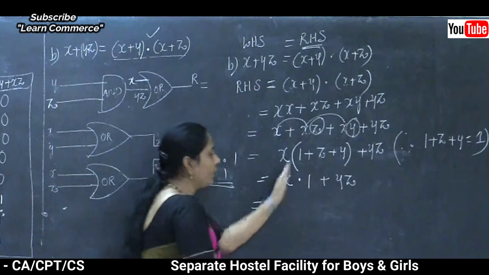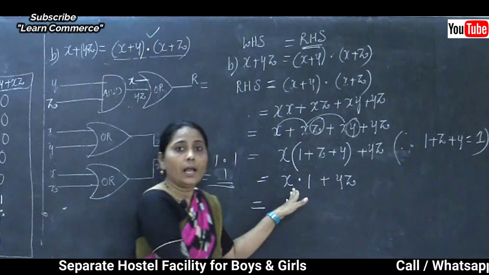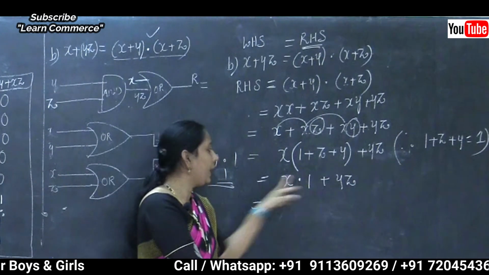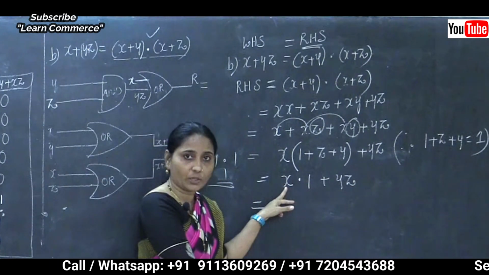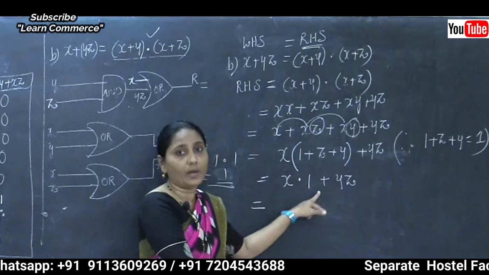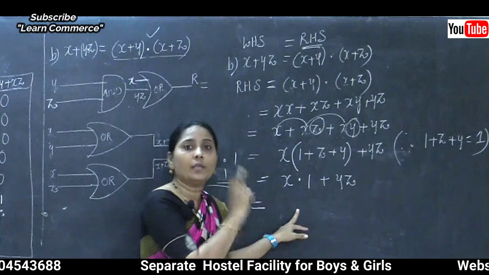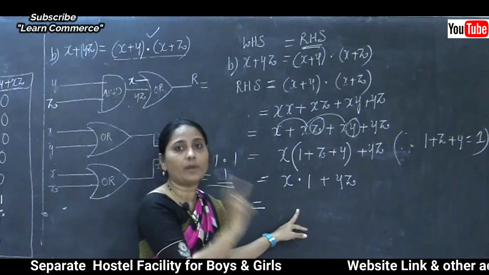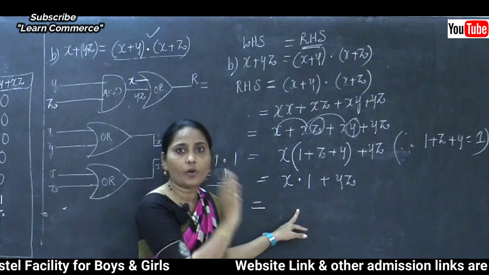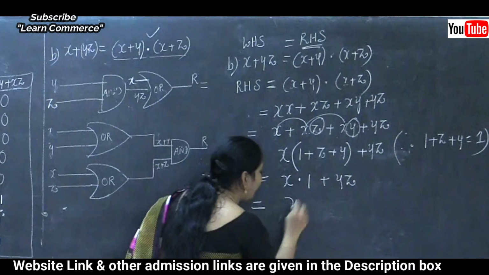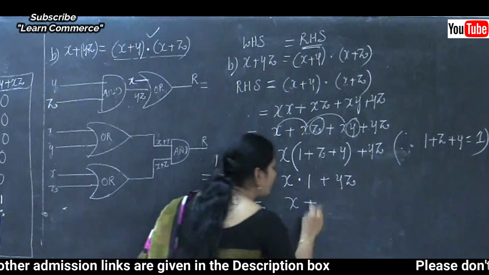Now in the next column, how did we get the answer? X and 1 plus yz. If you are going to multiply, taking the x value equal to 0, 0 and 1, the value is 0 only. If the x value is equal to 1, the 1 and 1, the value is 1 only. So whichever value we use for x, we get the same result here. So I am just using x plus yz.